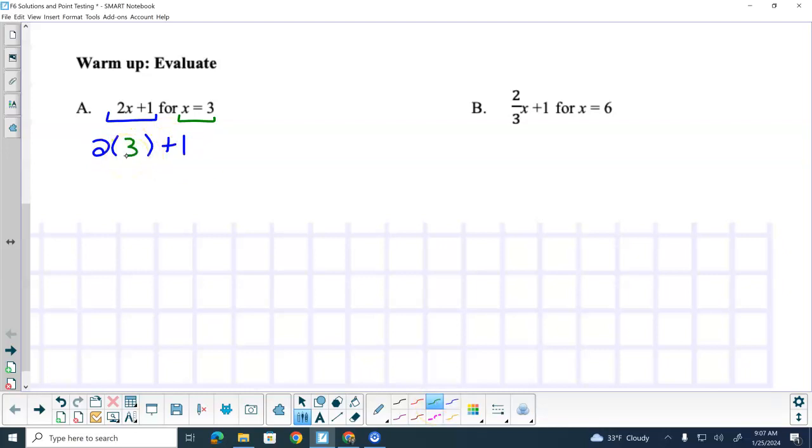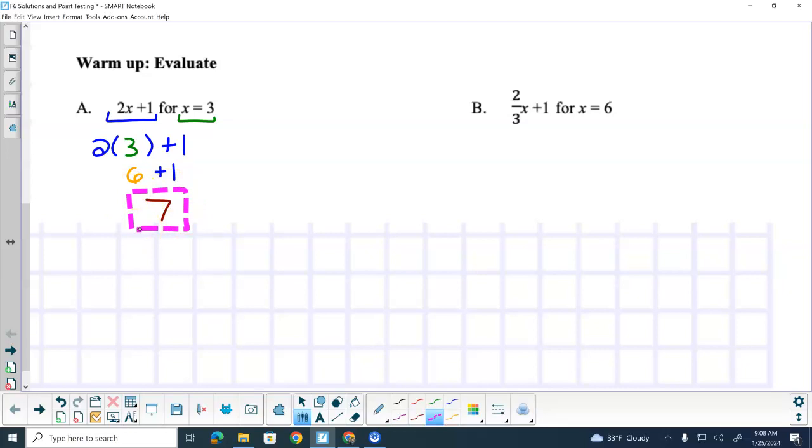Then it becomes a please excuse my dear Aunt Sally problem. PEMDAS, order of operations. Multiplication comes first. 2 times 3 is 6. 6 plus 1 is 7. This one evaluated at 3 is 7.